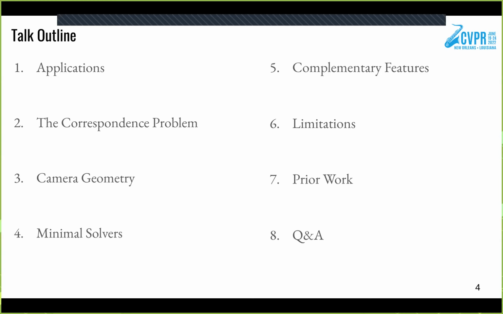That ties into number 5, which is, while the talk is mainly focused on using affine correspondences to generate these constraints and to recover the geometry, it's possible to use these other features to combine, for example, imaged scene lines to estimate geometry with the affine correspondences. So the idea is that if you have different scene content, some scenes have more texture, some have more straight lines in the scene, so you might want to leverage that, and we'll talk about how to do that.